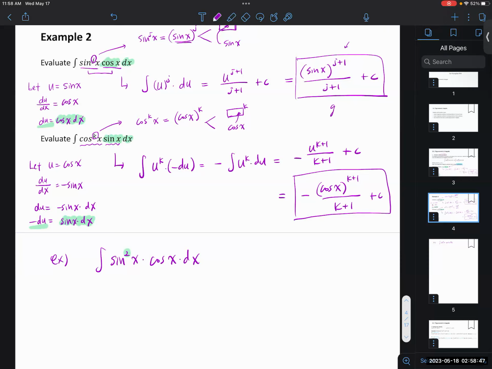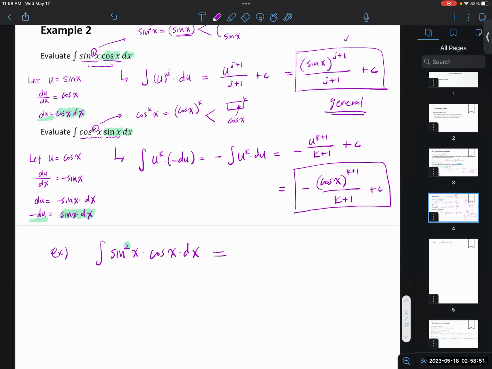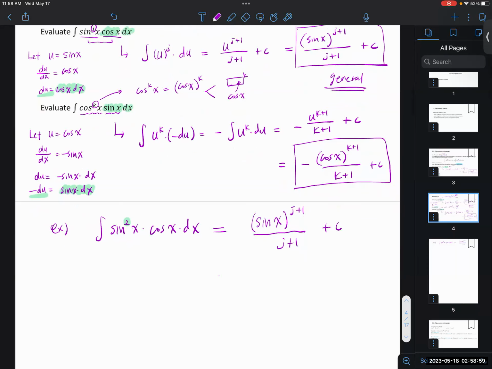This is a general form, the same as sine x to the j plus 1 over j plus 1 plus c. You simply plug in j, so sine x to the third over 3 plus c will be the outcome.